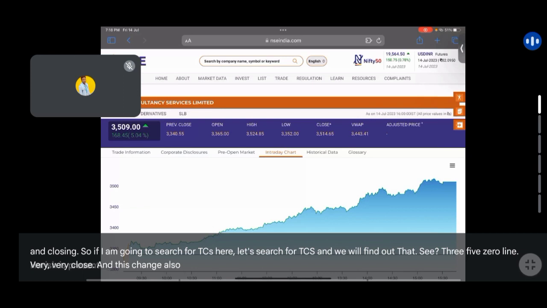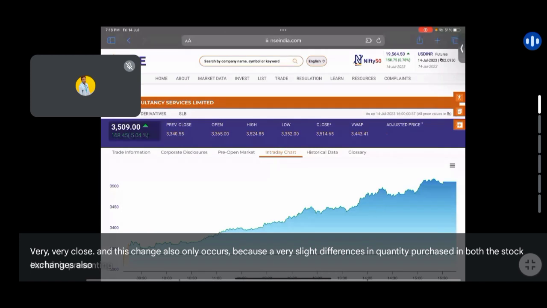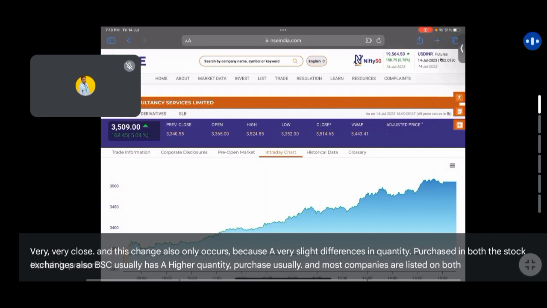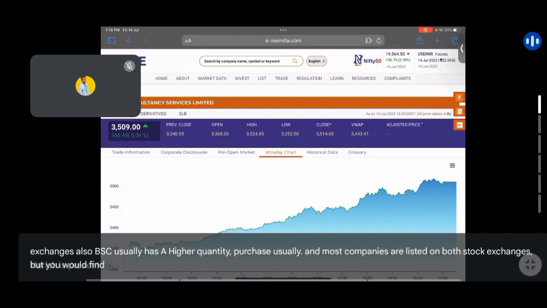And this change only occurs because of very slight differences in quantity purchased in both the stock exchanges. BSE usually has a higher quantity purchased. Most companies are listed on both stock exchanges, but there are some companies in India that are only listed on BSE or only listed on NSE.